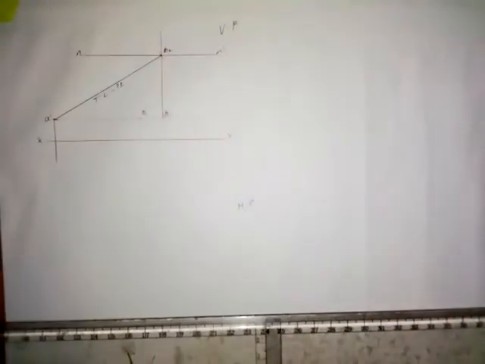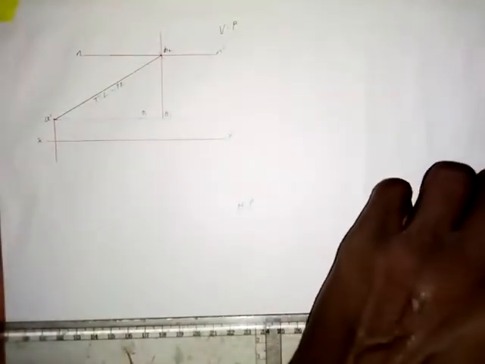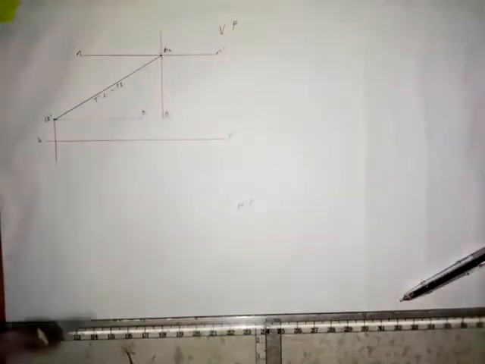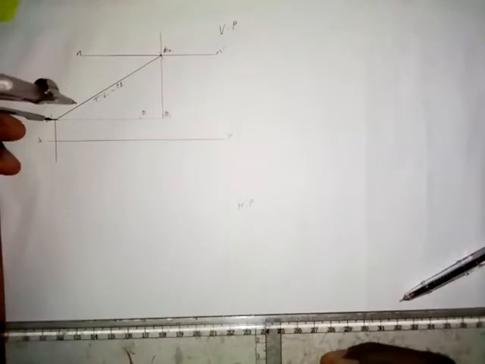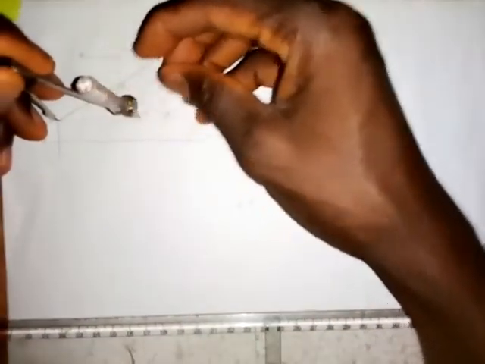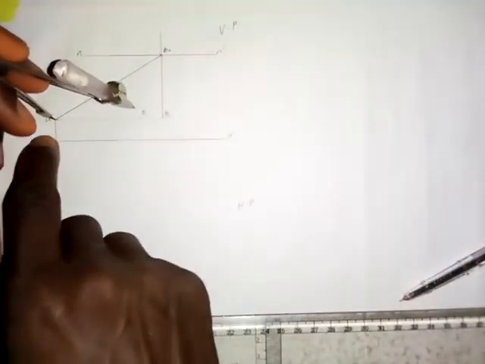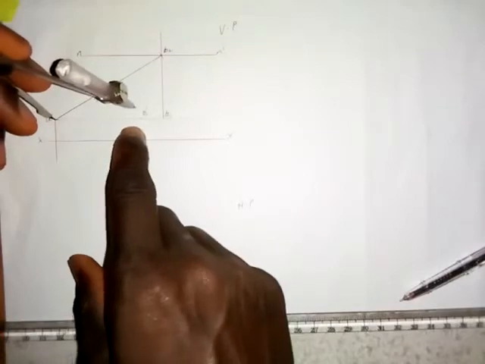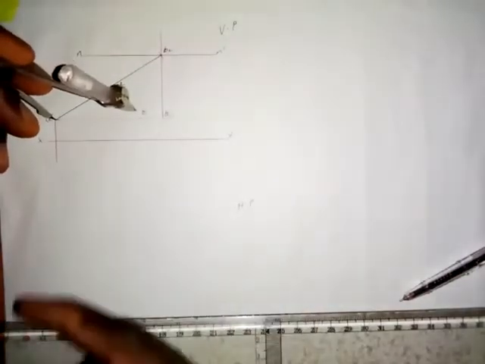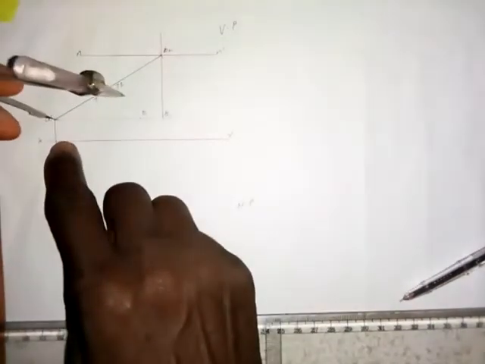Alright, the next thing is to take your compass, put it at point A prime, and extend it to B1 prime. Don't forget that B1 prime is the length of the front view of the line, which is equal to 49 millimeters.